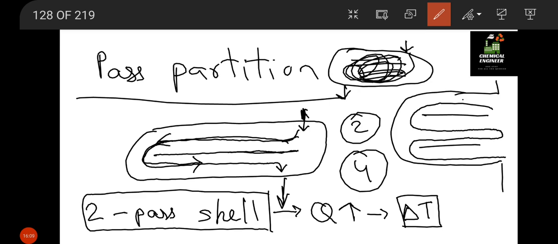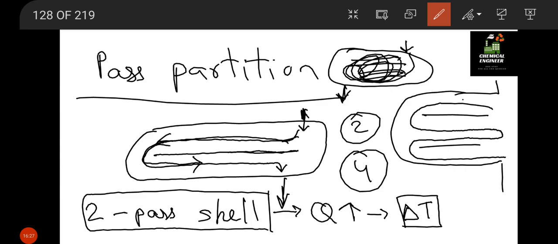So this is all about shell side pass partition and designing of a shell.